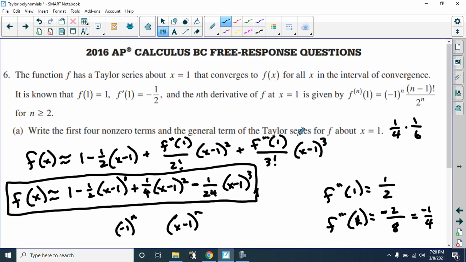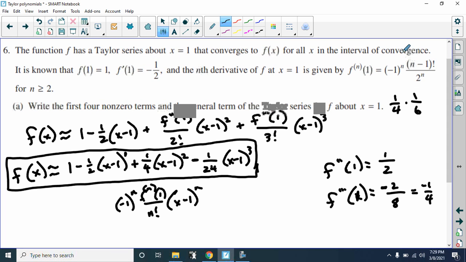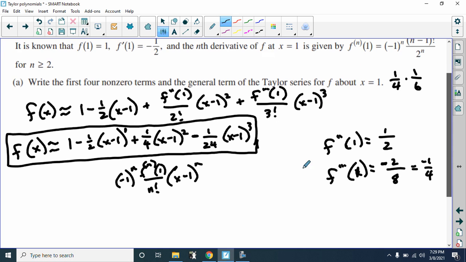Another way you could do it is we know that this is going to be the nth derivative at 1 divided by n factorial. And then plug in our formula here. We already have the negative 1 to the n. That already took care of this part. So if I plug that in, I've got n minus 1 factorial divided by 2 to the n, and I've got n factorial on the bottom. The bigger one between these two is the n factorial.